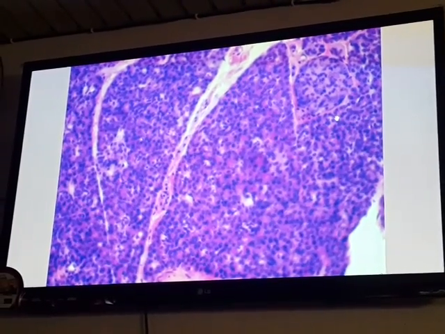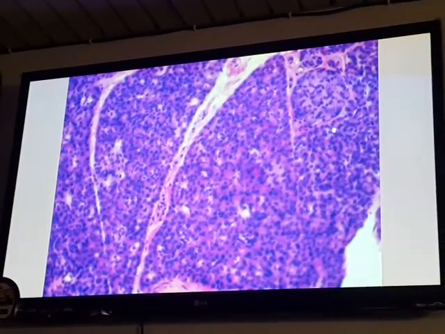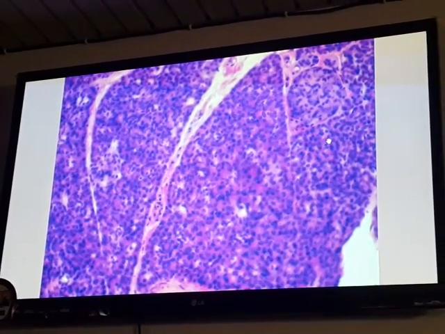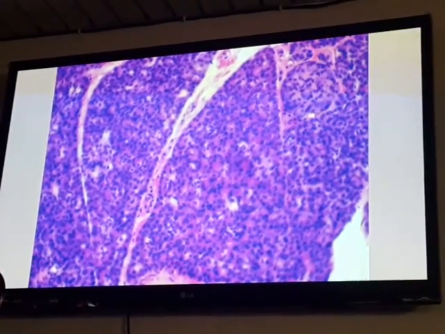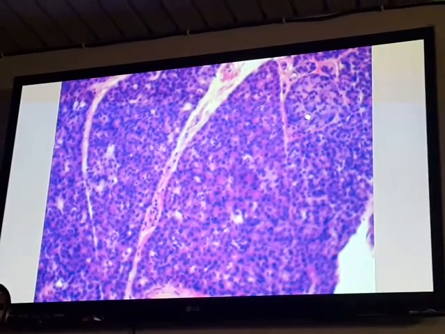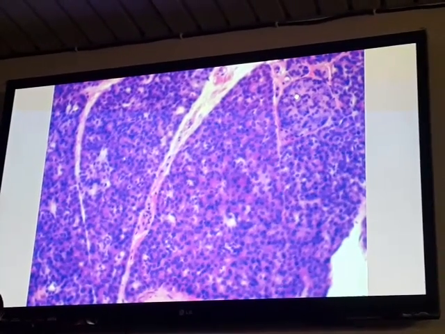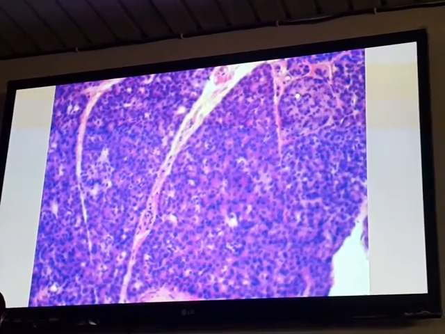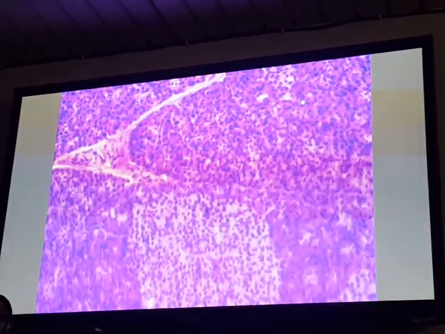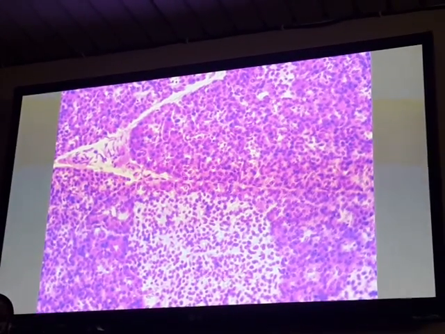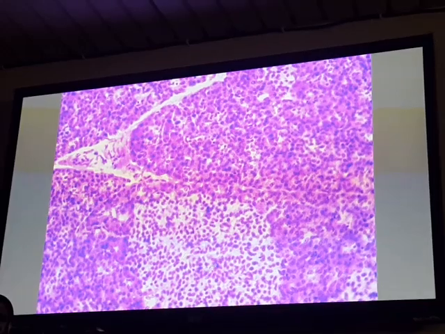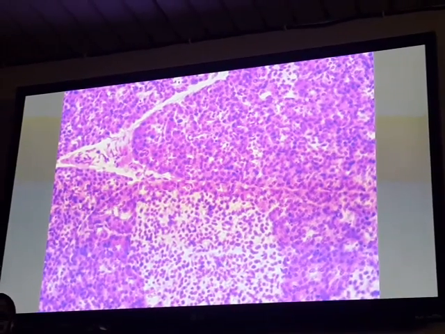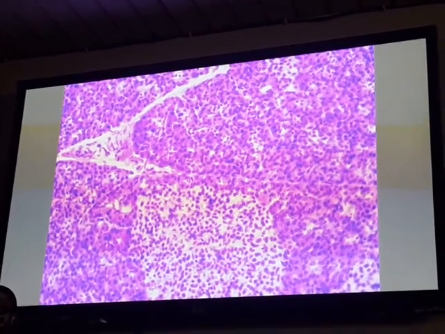While endocrine portion of the pancreas, the cells of this part are arranged in clusters known as islets of Langerhans. You need to see this lightly staining area. This is islet of Langerhans, which is an endocrine portion of the pancreas.